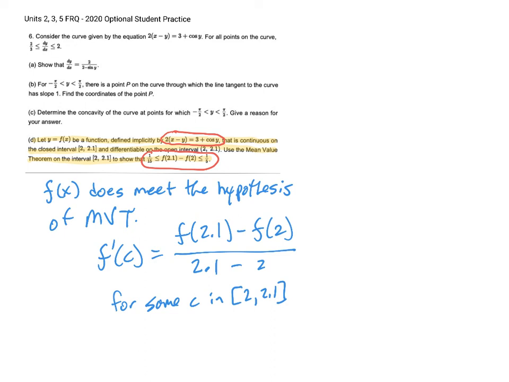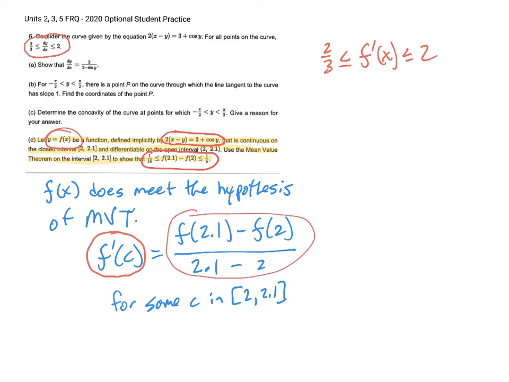All right, now remember back to the original statement of the problem. They told us that the derivative was trapped between 2/3 and 2, and I'm writing f prime of x instead of dy over dx because remember, y equals f of x, so I can write this and it's still true. And we just said that there's some c in the interval, some x value in the interval, where the derivative equals this expression.